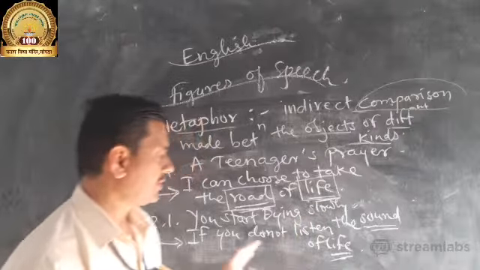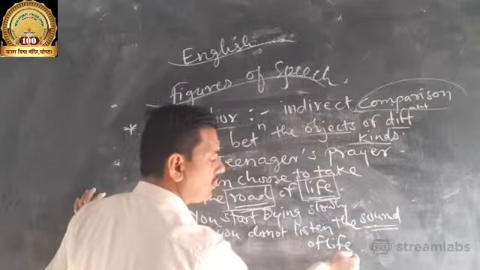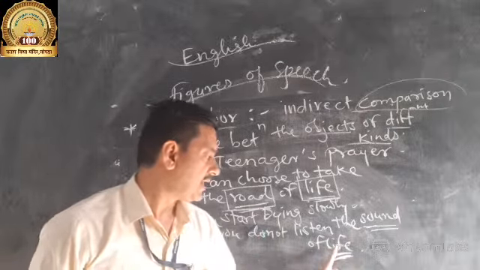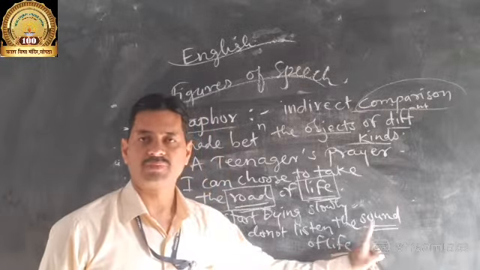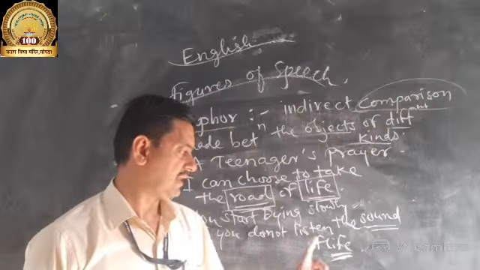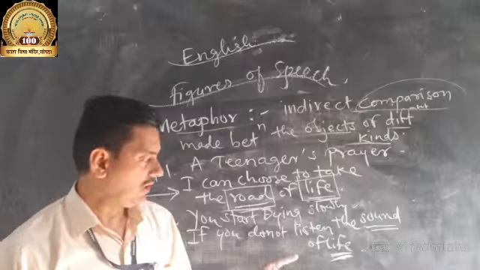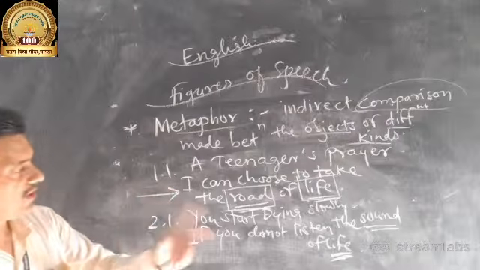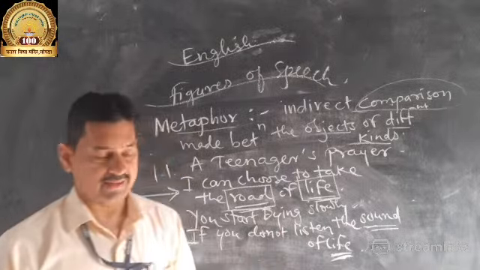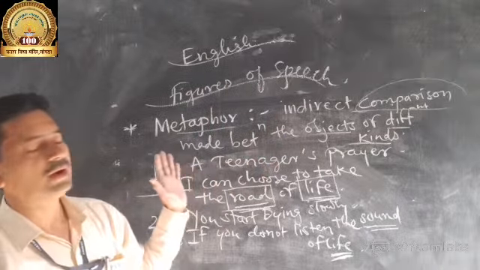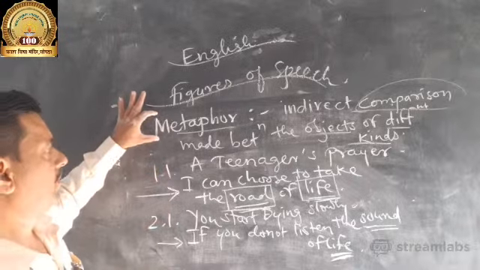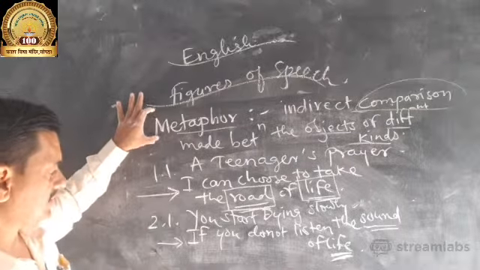Now one point is common. If you want to talk about which point is common there, that is life has its own sound. So here two different kinds of objects are compared, and you can find that a metaphor, figure of speech, is there. So only these 2 poems have metaphor, figure of speech, in our syllabus.